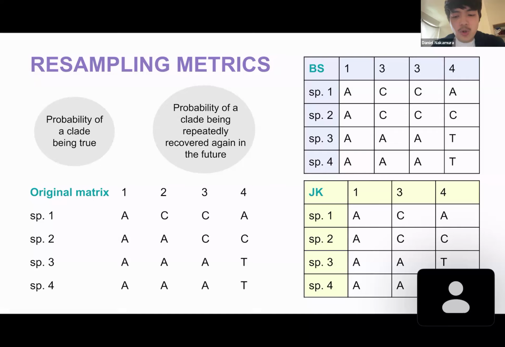However, we don't know exactly the relationship between bootstrap and the addition of phenomic data. We don't know if the addition of phenomic data will increase, decrease, or not change the bootstrap values at all. And we also don't know if we can use the bootstrap from molecular clades to predict the presence of the same clades in the total evidence trees when we have the addition of phenomic data.